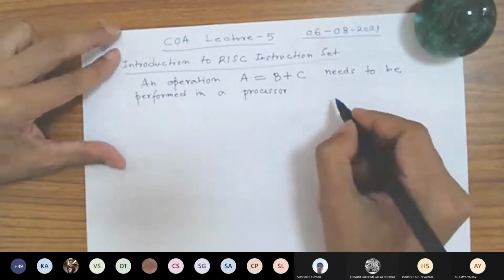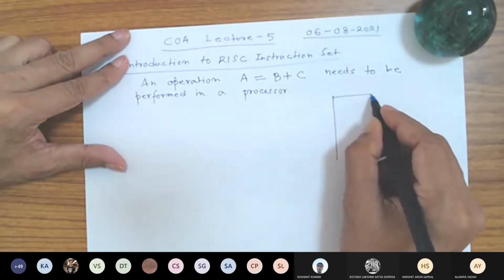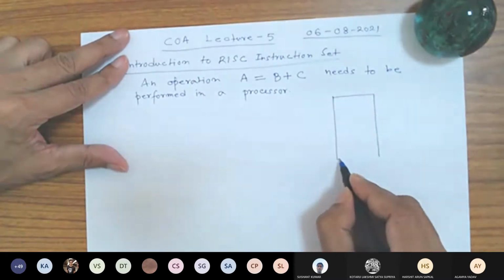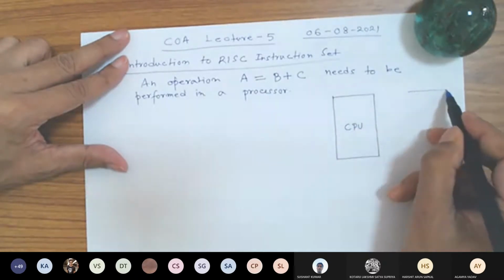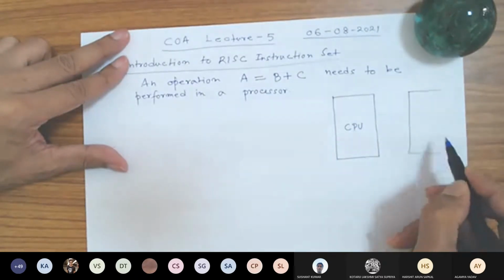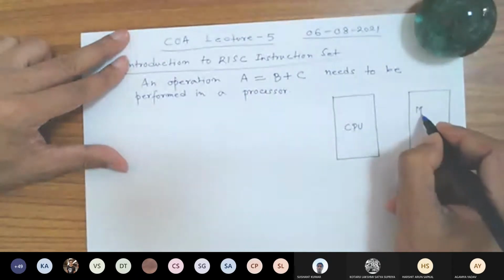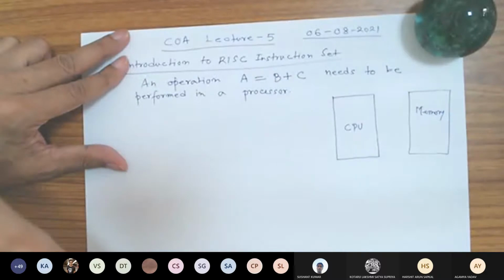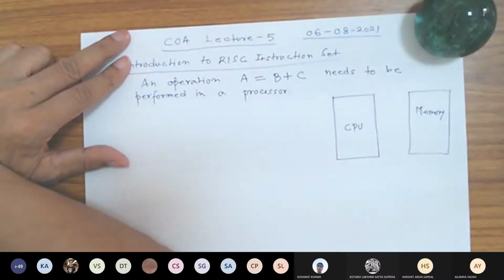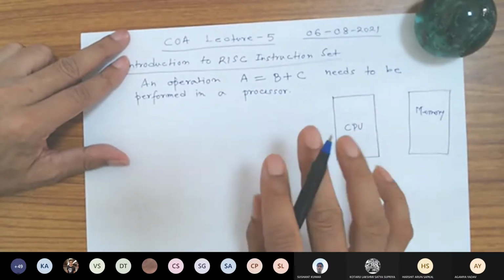You'll have to always remember the high level organization of the system. You have the CPU here, and this is the memory, and this is a stored program architecture. Now, you cannot store the program inside the CPU, that we have already looked into.